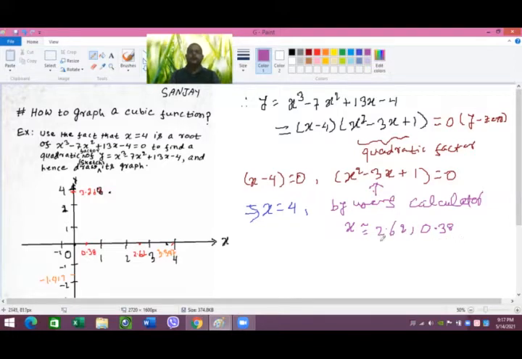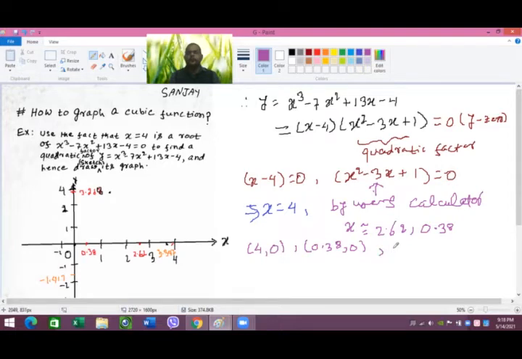All right. So what we have here now is one coordinate on the axis: it is y equals 0 here, and here also y equals 0, so here x is 4. So one point you obtained is x equals 4, y is 0. Another point is 0.38, which is also at y equals 0, that we have got from here.